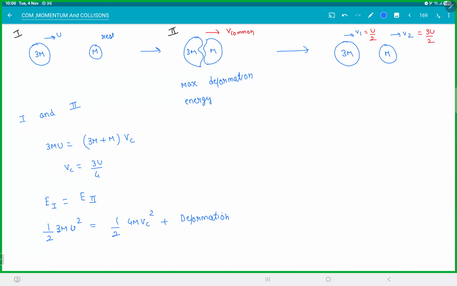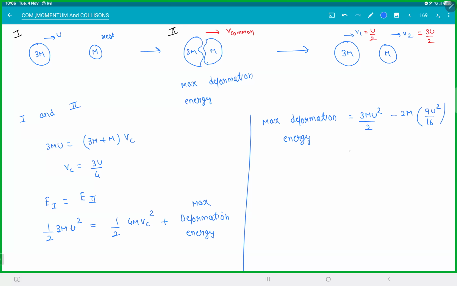So some of the energy goes into the spring. It's like a spring basically. This is your max deformation energy. So when you calculate this, max deformation energy is 3mu square by 2 minus 2m v common square, which is 9u square by 16.